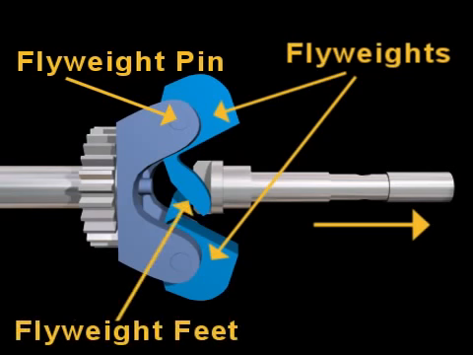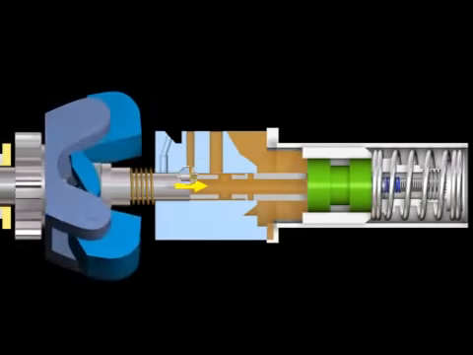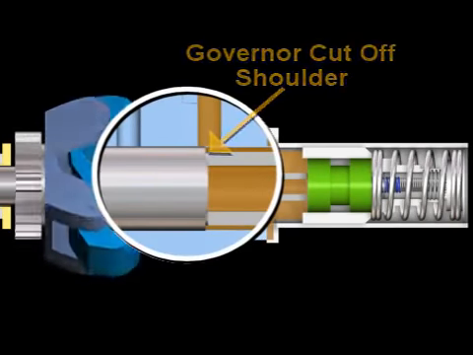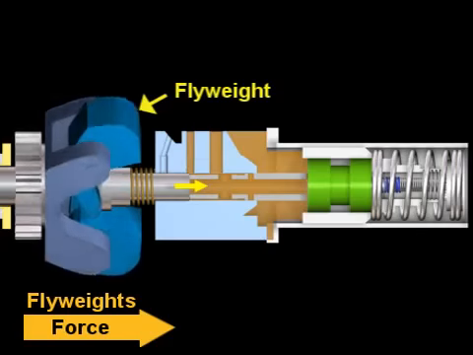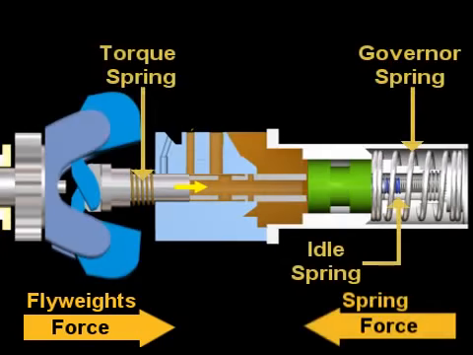At any given speed, the position of the governor plunger is determined by the balance between the flyweight force exerted on one end of the governor plunger and the spring force applied to the opposite end of the plunger.